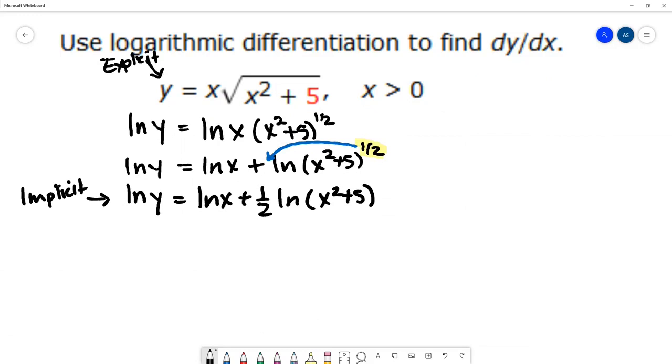So because our equation is implicit, we're going to use implicit differentiation. I'm going to calculate the derivative with respect to x on the left and do the same thing on the right.